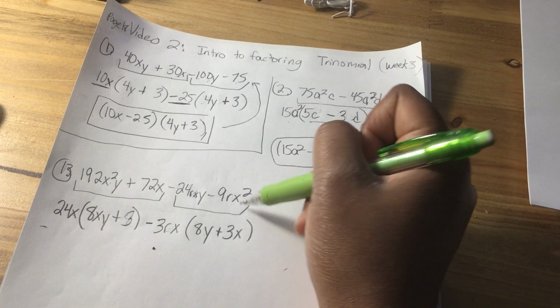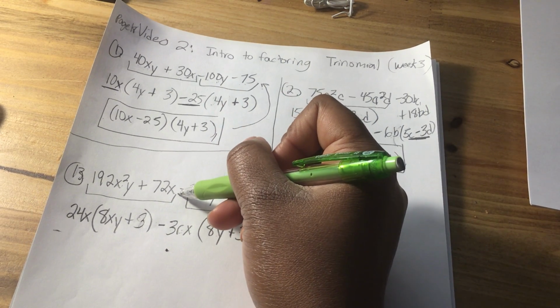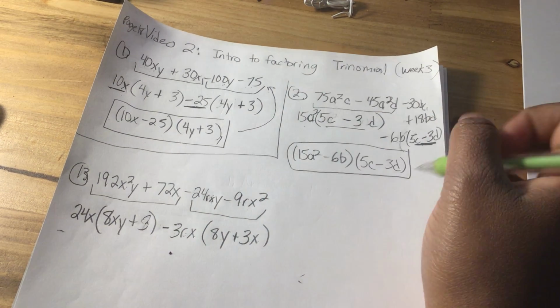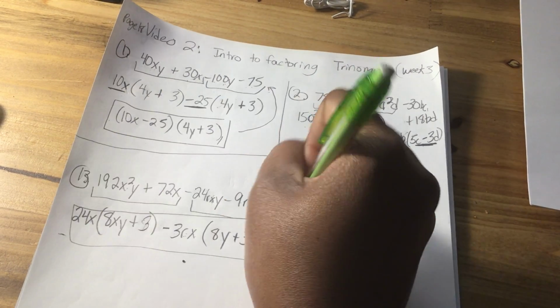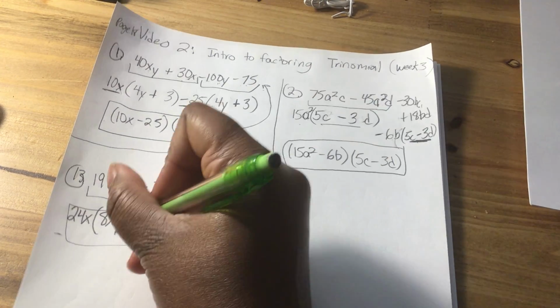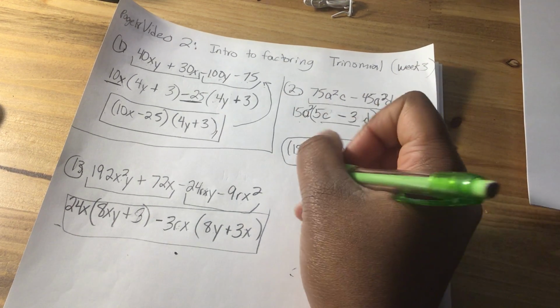I took out an X, so that left me with a positive X here. Okay, so what happened over here? It just doesn't work out perfectly, so I have to leave it just like this. Okay, I have to leave it alone. If they're not exactly alike, just leave it be, and that's simplified, okay?